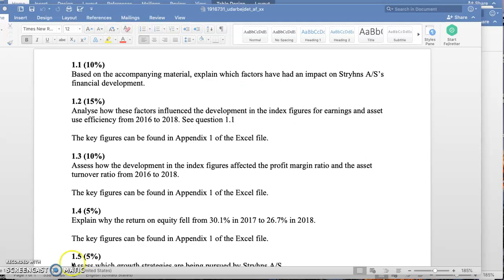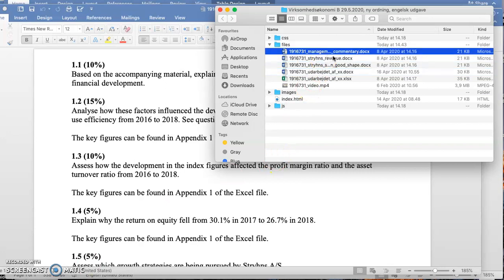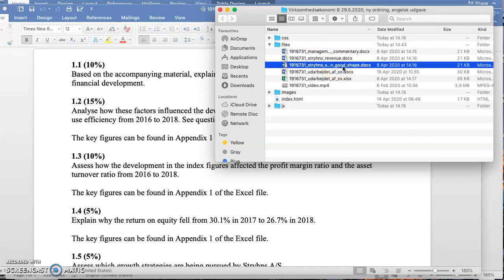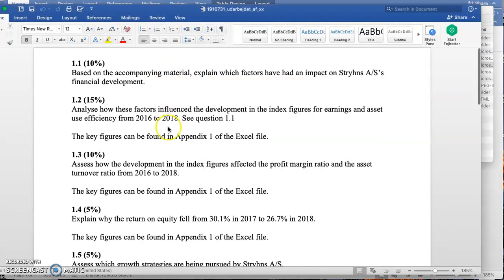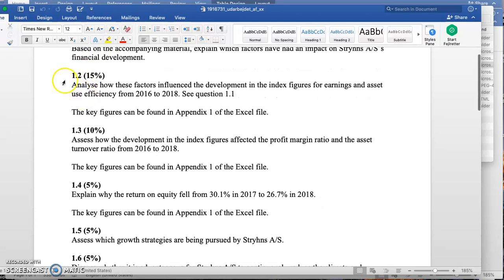Here, you need to go in and read the documents, the management commentary, and Strøen's revenue to find the results and the knowledge. This task gives 10%, which means that it's 10% of the total task.